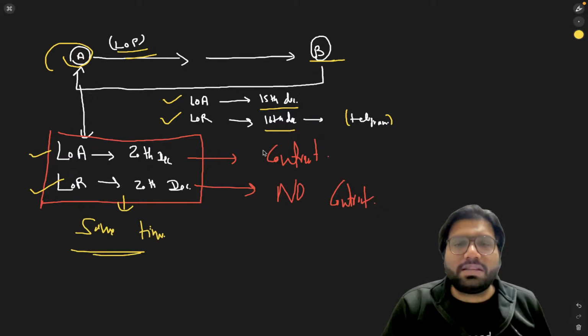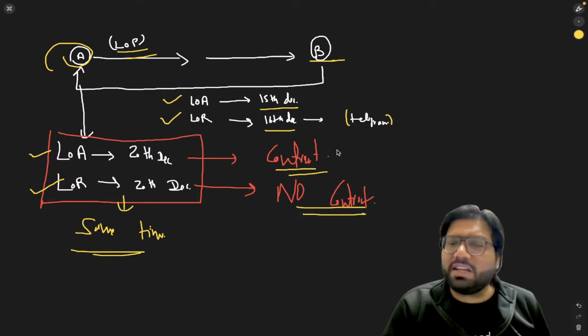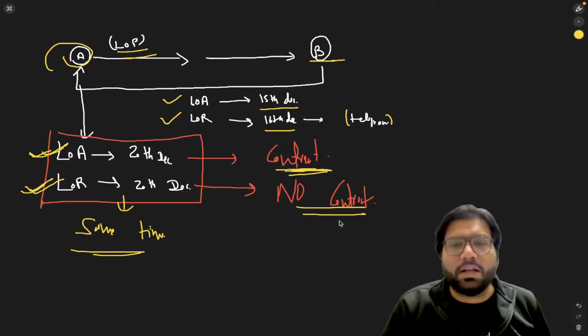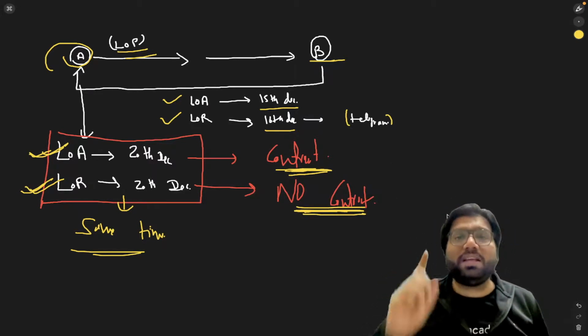Now, will we consider this a contract or no contract? If you are treating this as a contract, you are giving priority to the letter of acceptance. If you are giving priority to the letter of rejection, this will be treated as no contract. So what is going to be the final answer? Contract or no contract? Yes, with reasons.